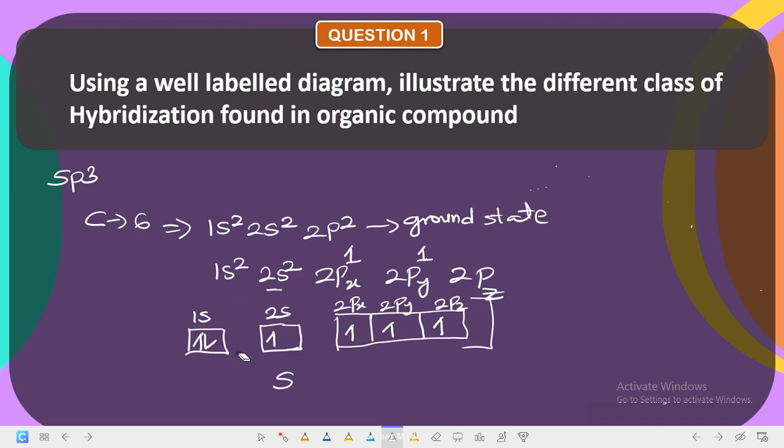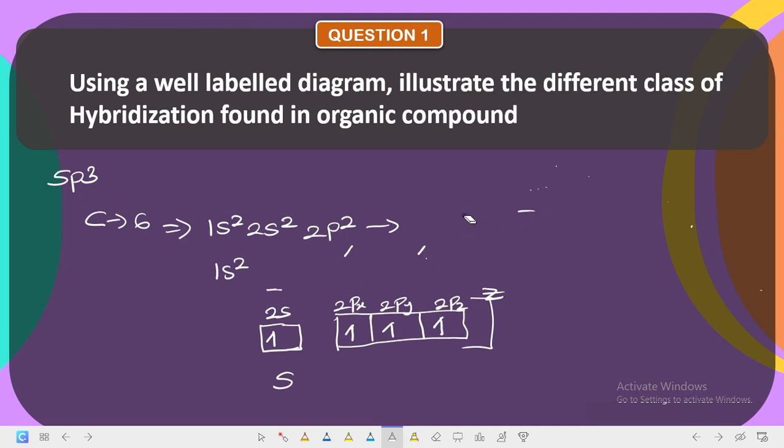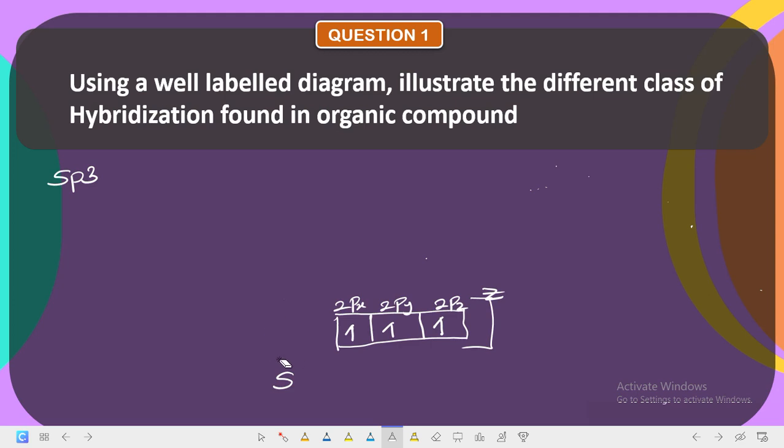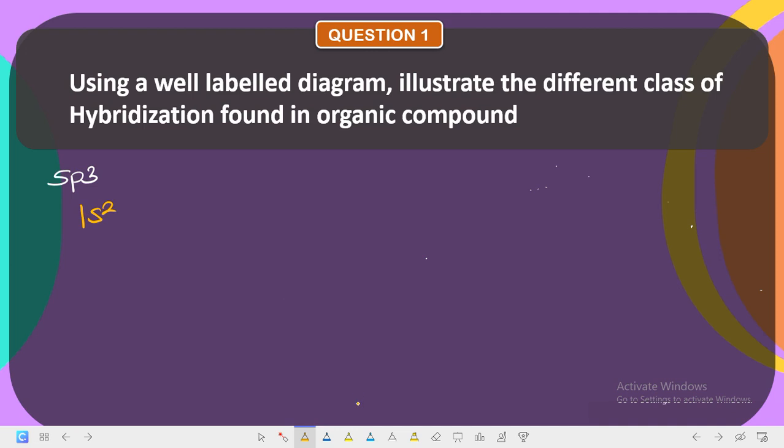Now, if we write the outer shell configuration for carbon, you are going to agree with me that we'll have something like this. This will be the outer shell configuration of carbon. The outer shell starts from 2s. Let's say the full electronic configuration: you have 1s2, then 2s2.